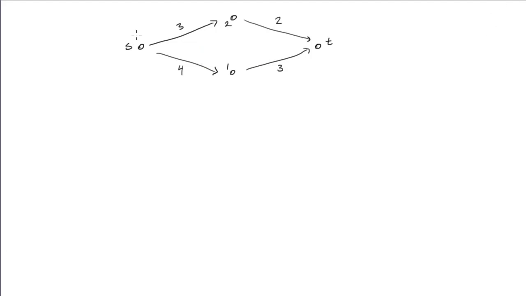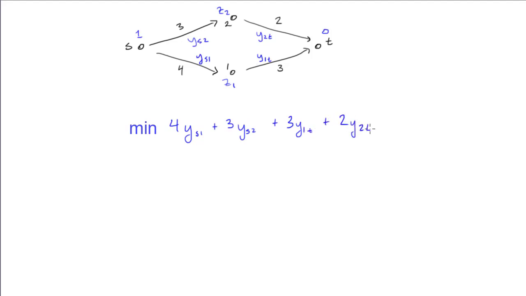Looking at the minimum cut problem, assign our node variables and node values, and our edge variables. We'll minimize the cut. The y's are 0-1 toggles, or they will be at the minimum.